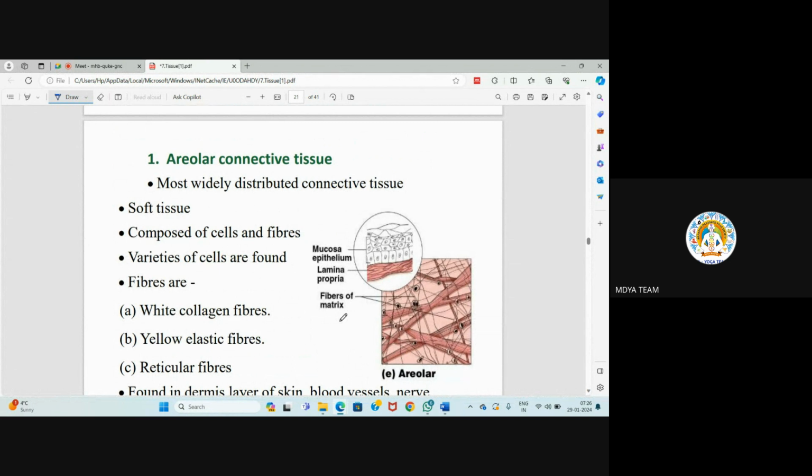So here comes a question: which connective tissue is the most widely distributed? Areolar connective tissue. It is a soft tissue composed of cells and fibers. Varieties of cells are found. Now you should ask, what are fibers, if you don't know. You can see in this picture thread-like structures. You can see here.